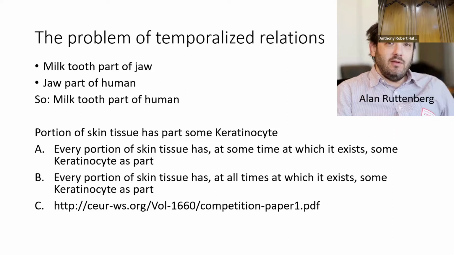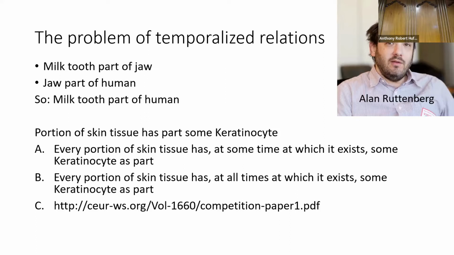Now here is a more technical example. Every portion of skin tissue has, at some time at which it exists, some case site as part. This is one assertion. And this is a different assertion. Every portion of skin tissue has at all times at which it exists some specific case site as part.